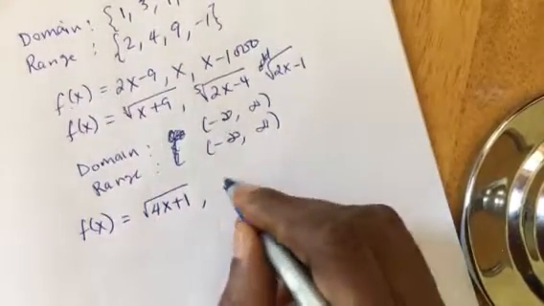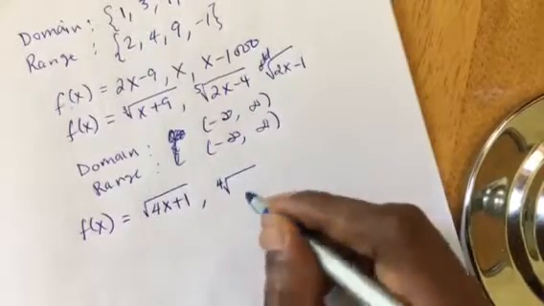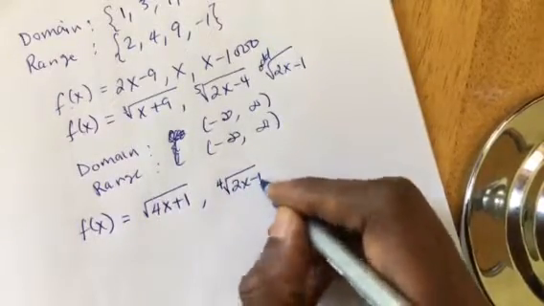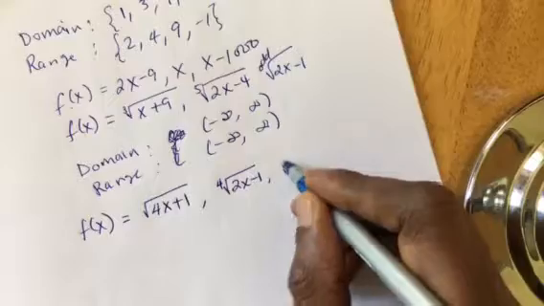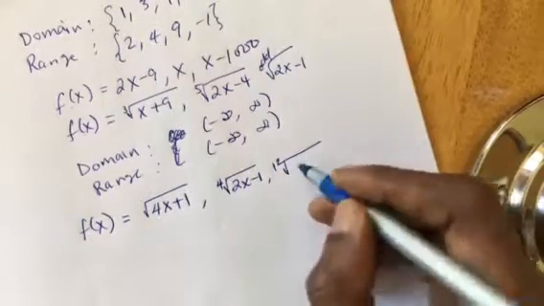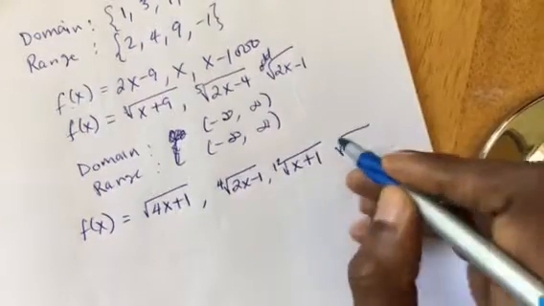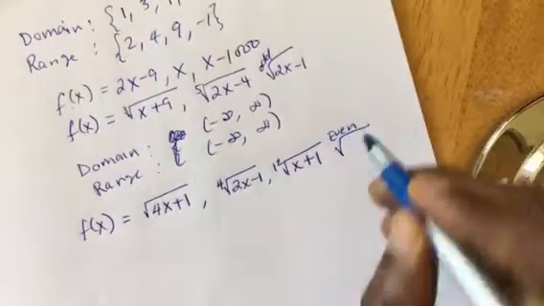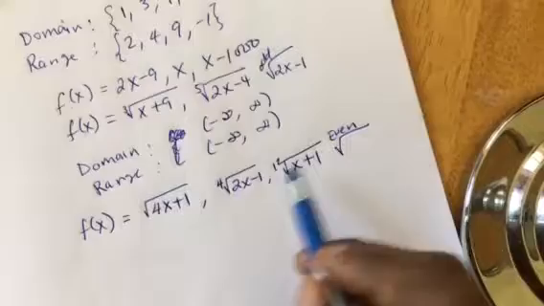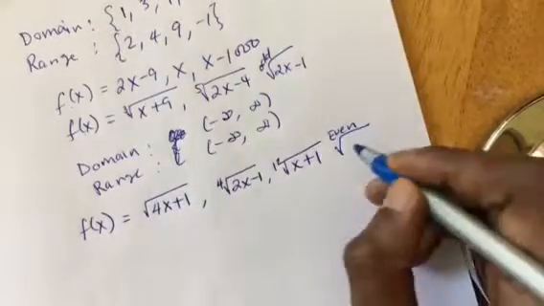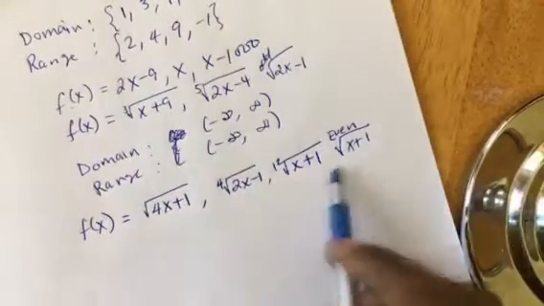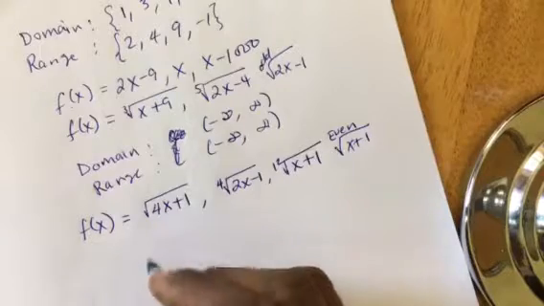Or it could be fourth root of something, 2x minus 1. It could be 12th root of something, x plus 1. As long as the index, the little number right here, is even, the approach we'll take is, we'll take what's inside.